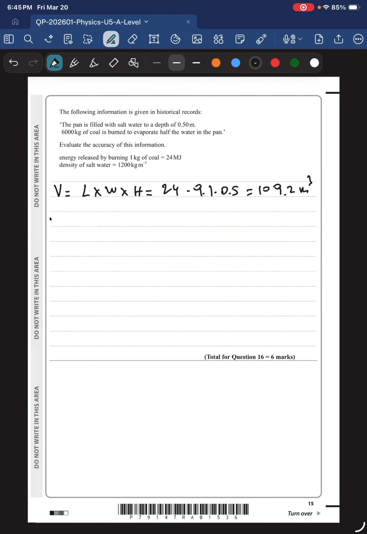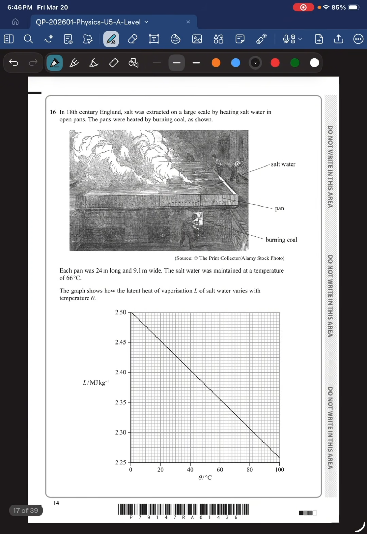Okay, the mass then is equal to the density times the volume, or 1200 times 109.2, which yields 131,040 kilograms.